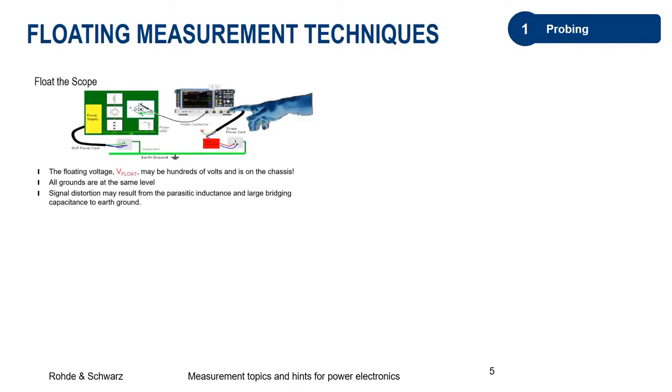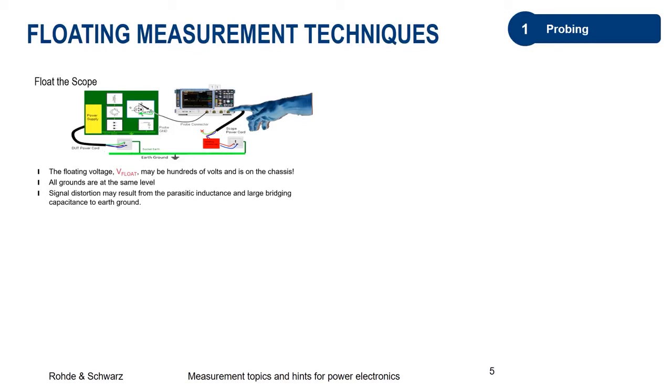If you look at floating measurement techniques, the most basic one, which actually cannot be recommended but still is sometimes seen, and on rare occasions might be the right thing to do, is floating the scope.